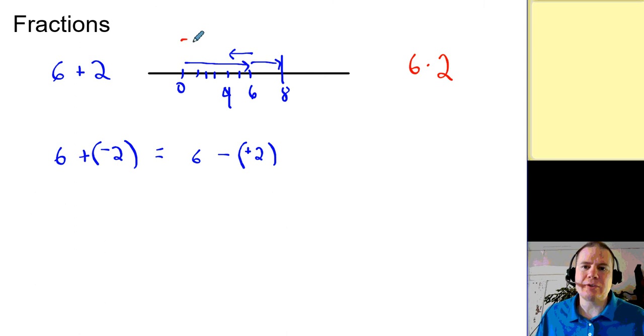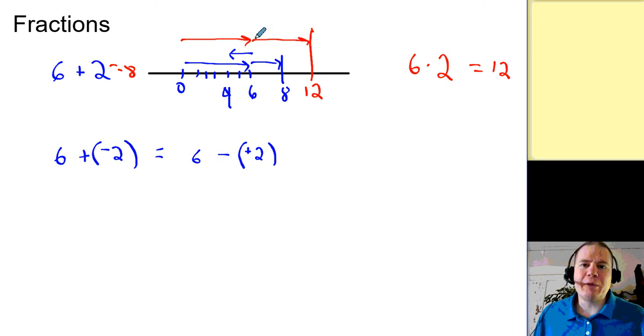I'm taking that 6 and I'm making it twice as long. I measure this out, duplicate it, and that gets me double 6, that's 12, right? 6 plus 2 was 8. 6 times 2 is different. That 6 times 2 is 12.